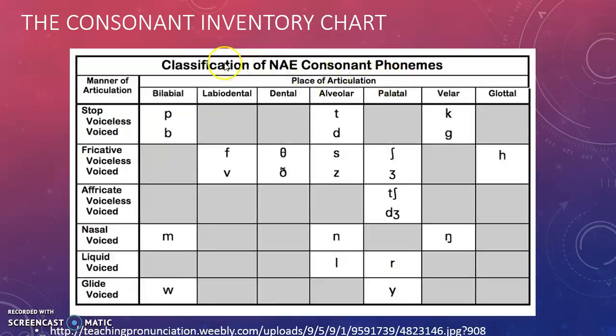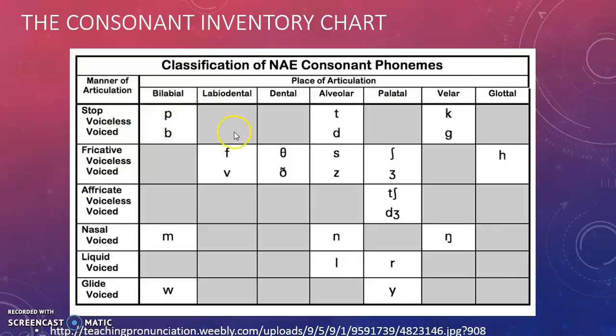All this information is compiled into what we call the consonant inventory chart. This chart compiles the classification of the consonant phonemes according to the place of articulation, the manner of articulation, and the voicing. Using this chart, we can classify and give a description of each of the sounds.